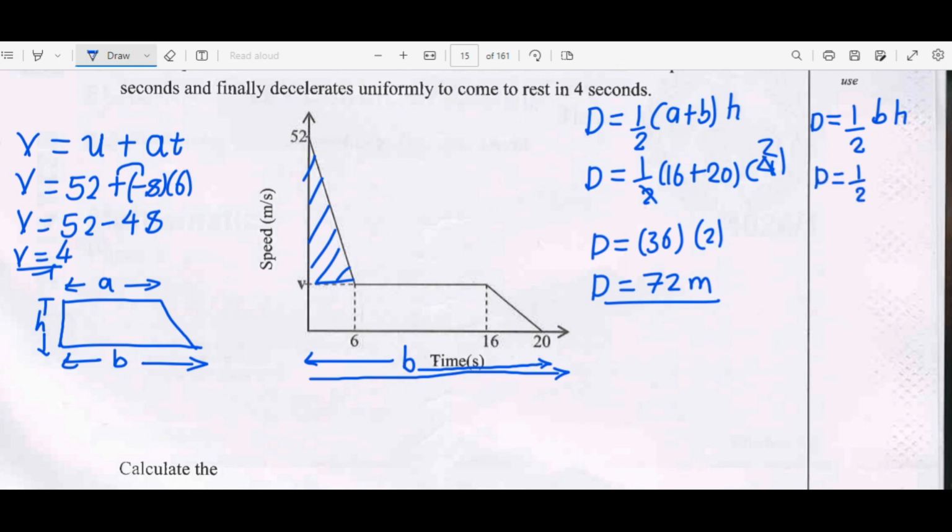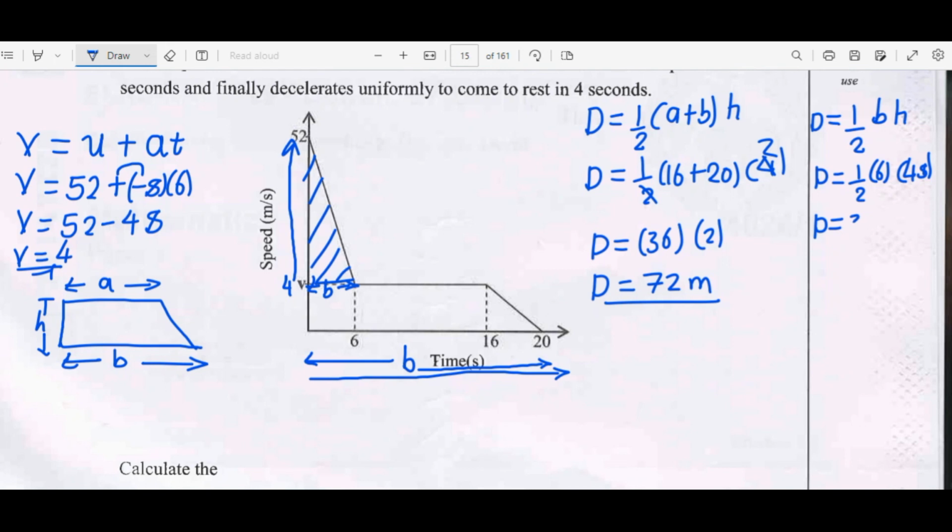The b is the base, this distance from here up to here, which is 6. The height is the distance from here up to here. Remember, we have 4 here. So the difference between 52 and 4 is 48.